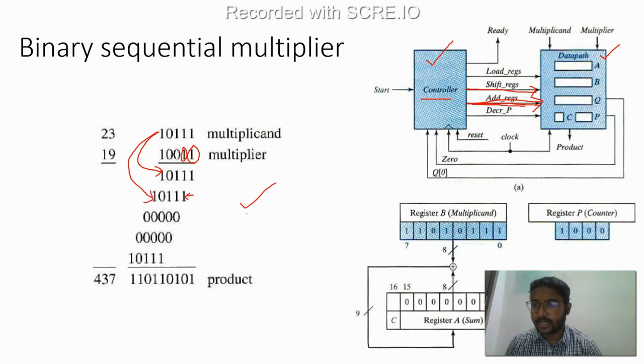But if the multiplier is 0, instead of writing the same thing, you will populate it with zeros. And if the multiplier is 1, you just copy the multiplicand here. I hope this is understood by everyone. So finally, you just need to add all these things.